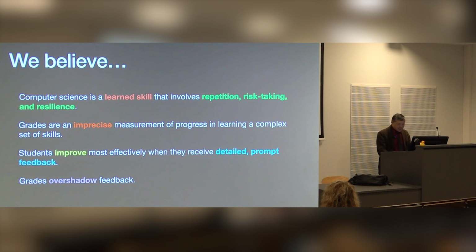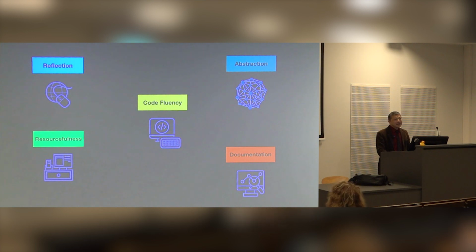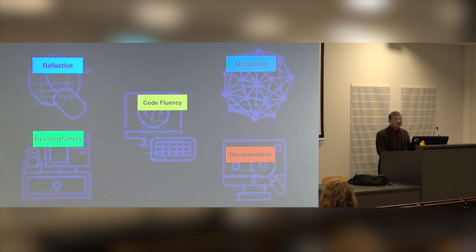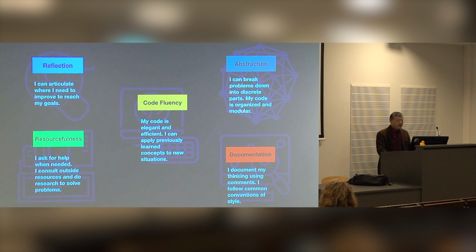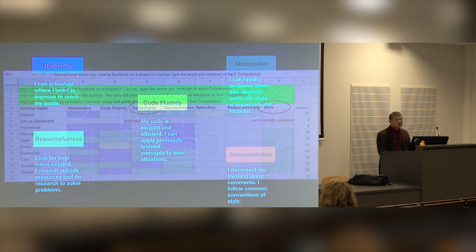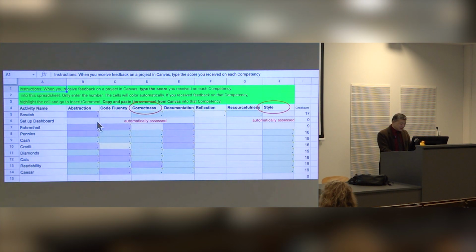And what we found was that students got better more frequently. They got much better at coding, and they stopped comparing themselves to each other when you took away the grade. So we really try to assess all of these different things using this spreadsheet. And it's made a huge difference.